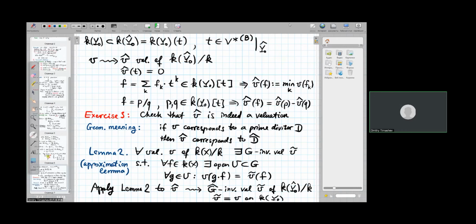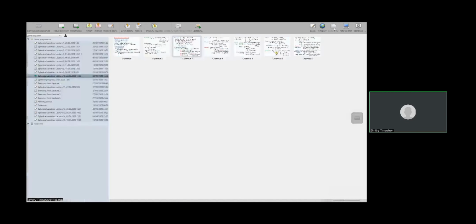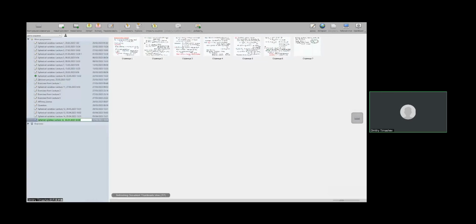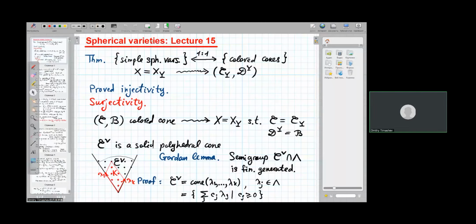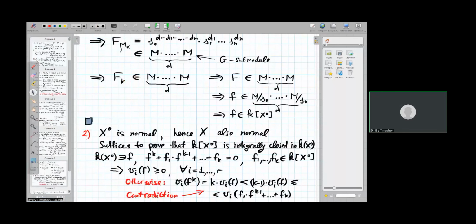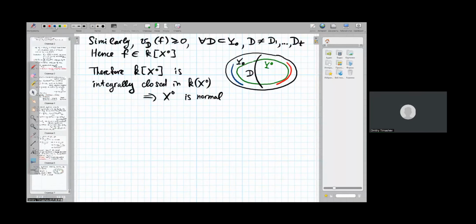I can give you a reference for this kind of thing. Maybe I should even give such a reference even before, but let me give you a reference. So you can find a discussion of invariant valuations in a survey paper or survey book, if you like, by myself.